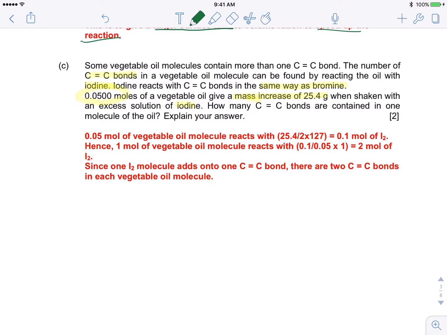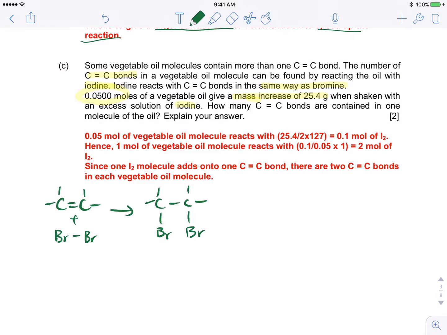Now, first of all, you must ask yourself, how does bromine react with CC bonds? So when the bromine approaches a CC bond, what happens is it will add itself to the bond, like so.